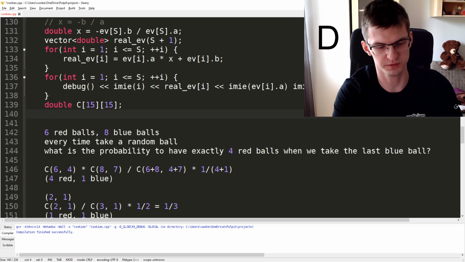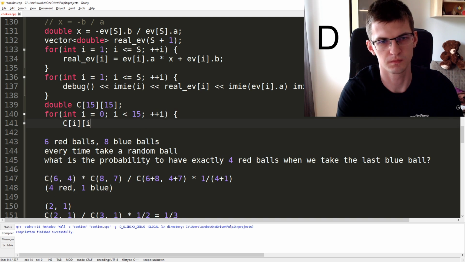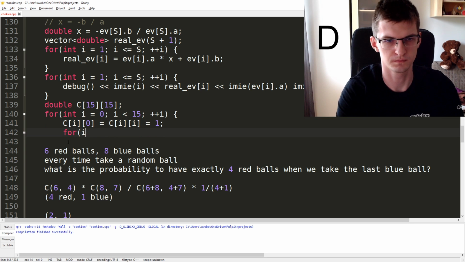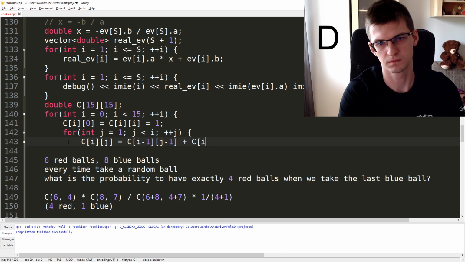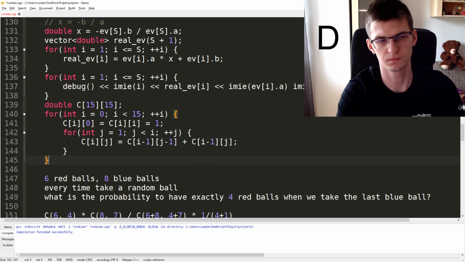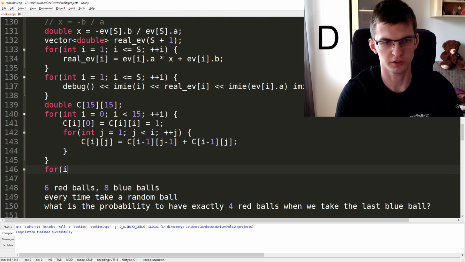Later I will anyway use modulo. I will iterate over every person.